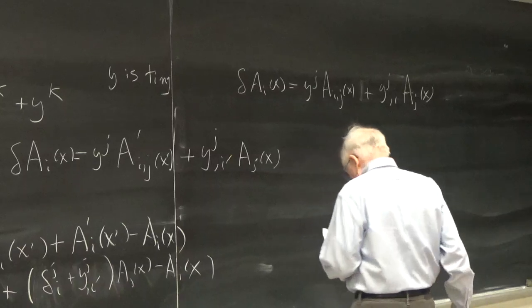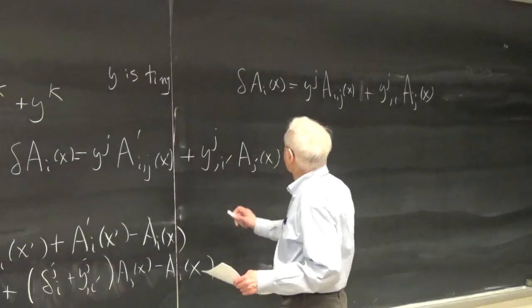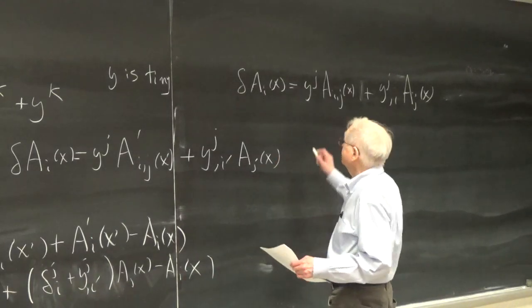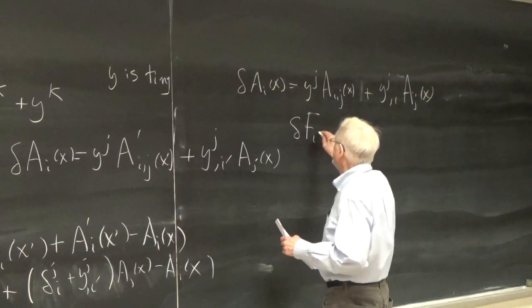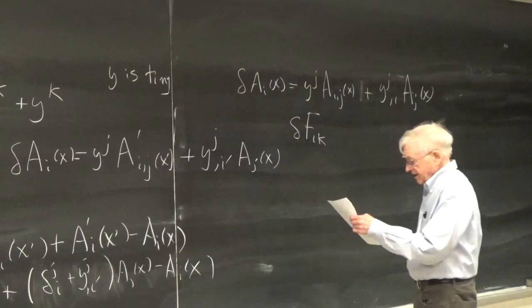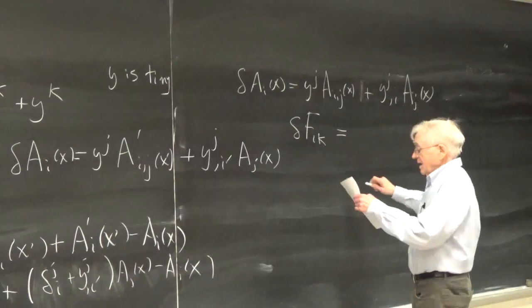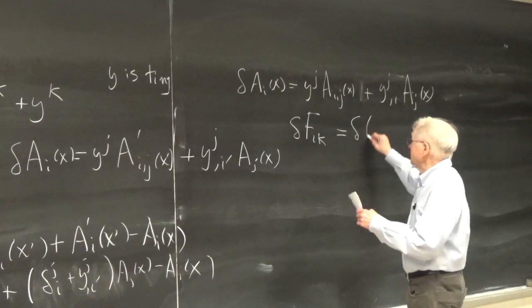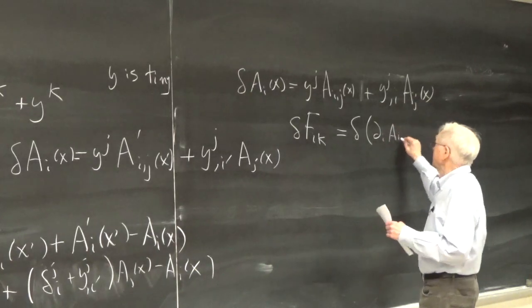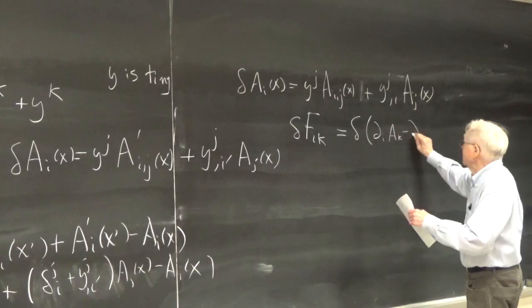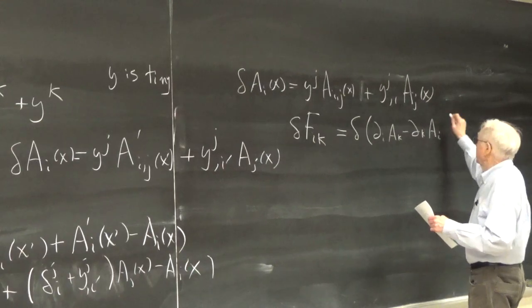Okay, so now what we do is we look at the change in the Faraday tensor F_ik, and so this is the change in d_i A_k minus d_k A_i.